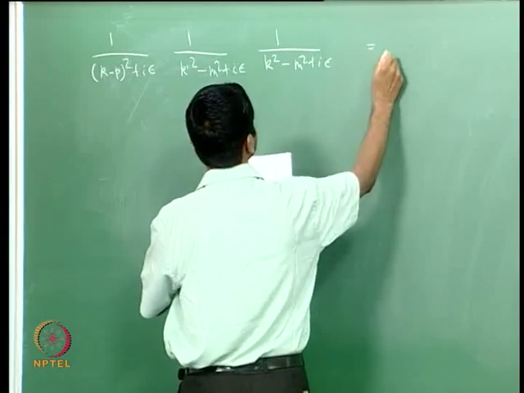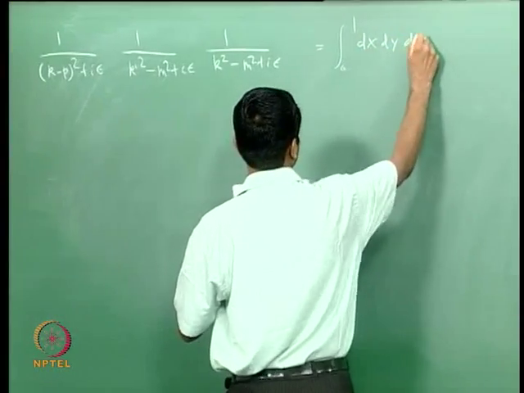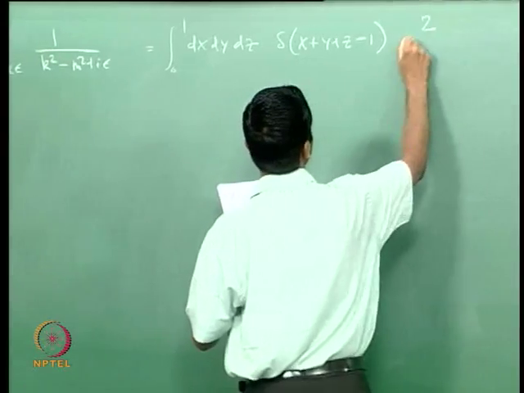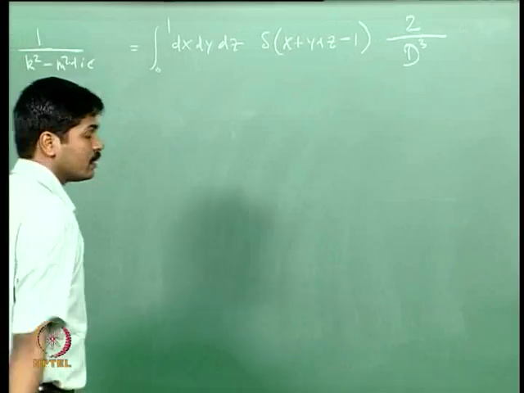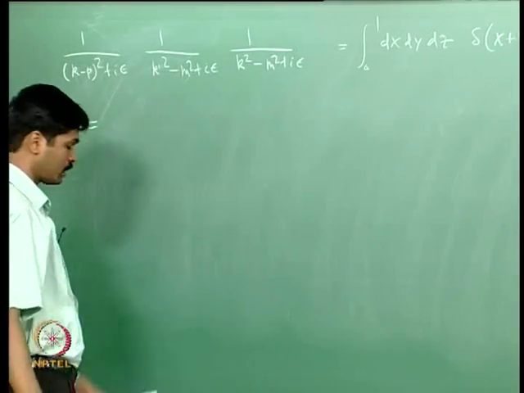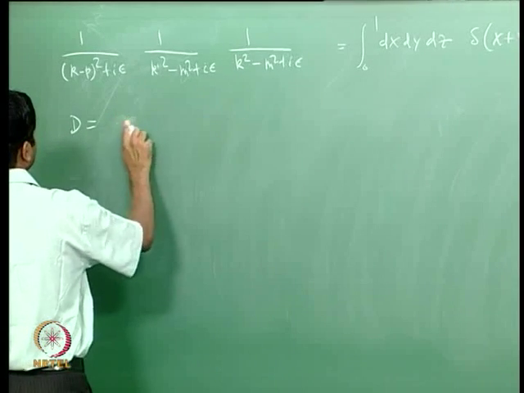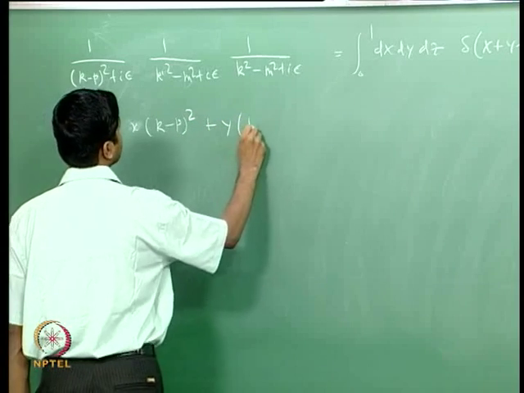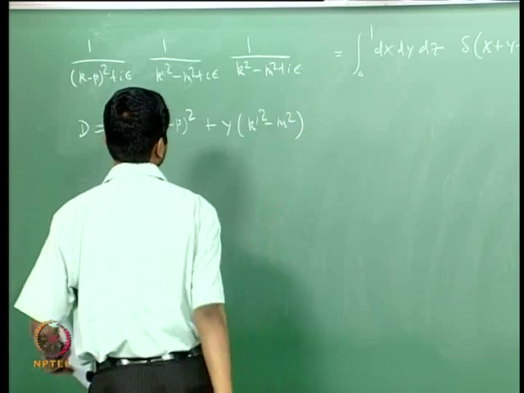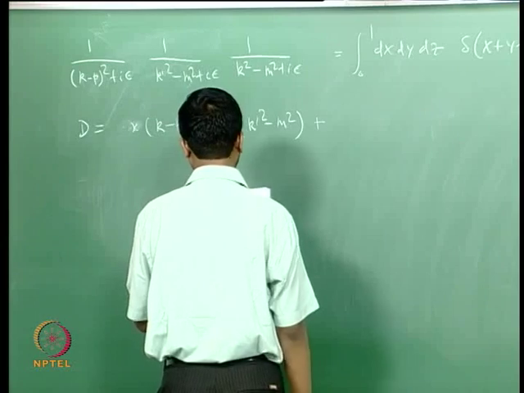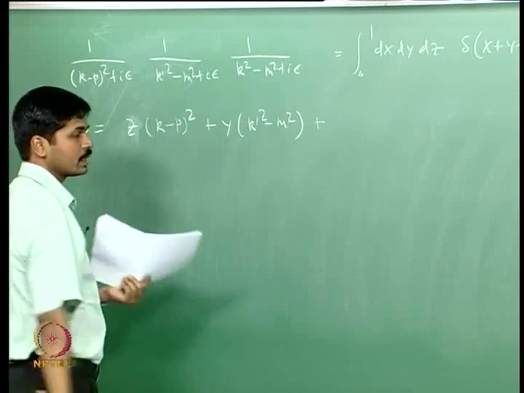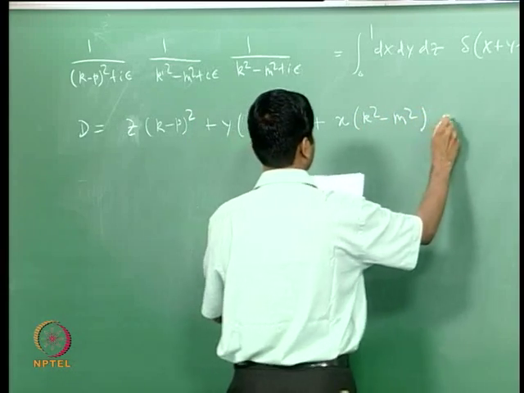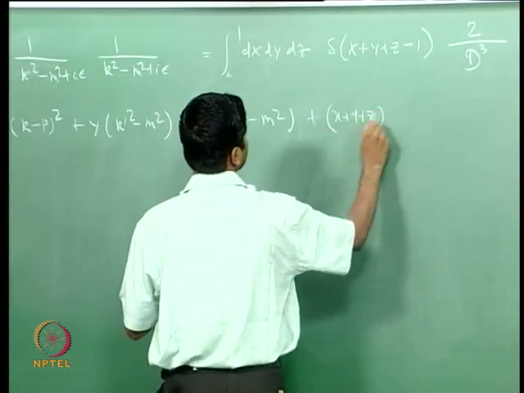This is equal to 0 to 1 dx dy dz delta of x plus y plus z minus 1, 2 over D cubed, where D is just x times k minus p whole square plus y times k prime square minus m square plus, let me parameterize it in such a way that this is z and this is x times k square minus m square plus x plus y plus z times i epsilon, right.